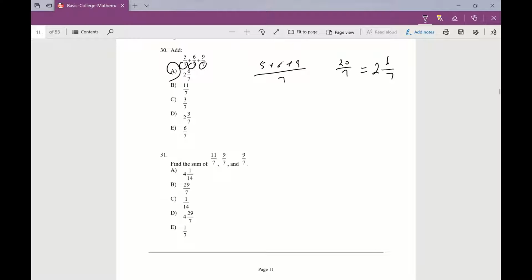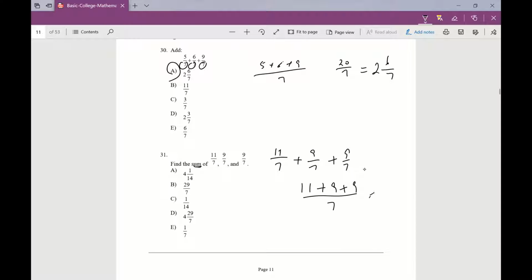Number 31. Find the sum of 11 over 7, 9 over 7, and 9 over 7. So the word sum means adding. So 11 over 7 plus 9 over 7 plus 9 over 7. Now I can do 11 plus 9 plus 9 over 7 because the denominators are the same.